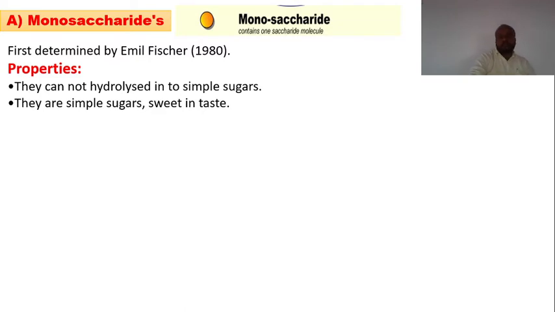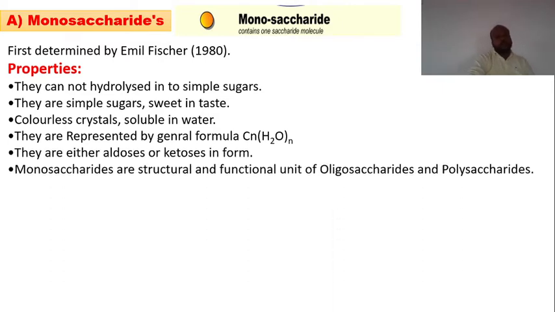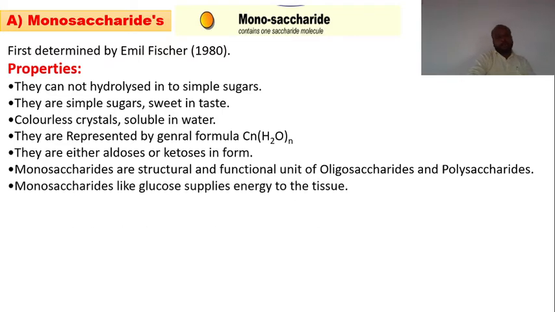Monosaccharide means simple sugar, sweet in taste, and it is a colorless crystal soluble in water, and they are represented by the formula CnH2nOn. They are either aldose or ketose in form, and monosaccharides are the structural and functional units of oligosaccharides and polysaccharides. That means oligo- and polysaccharides are formed by monosaccharides.